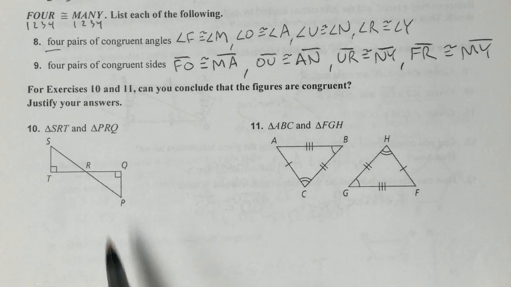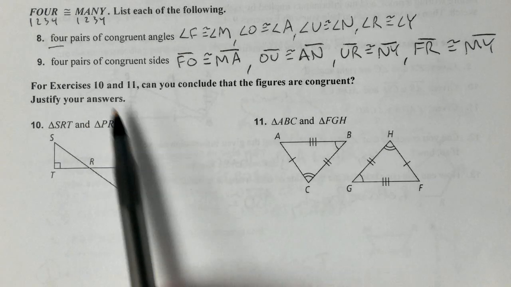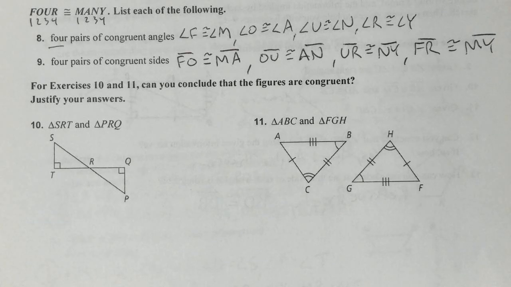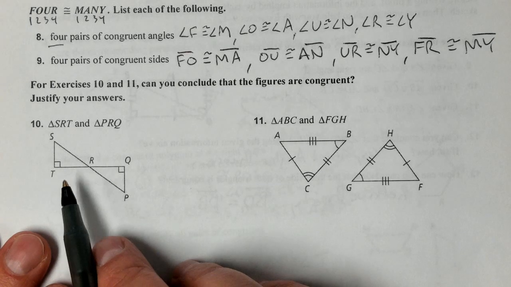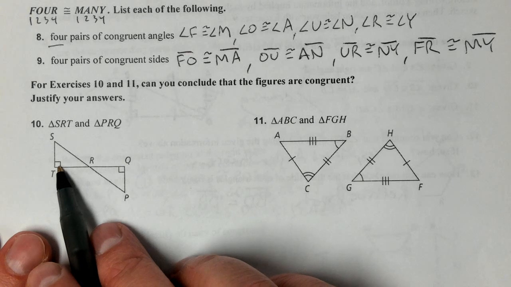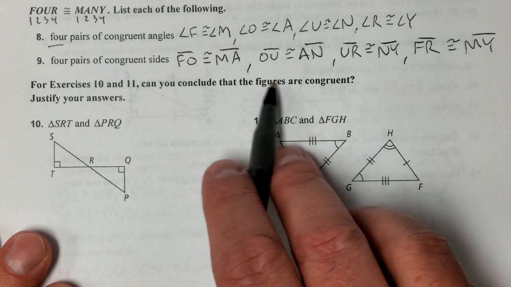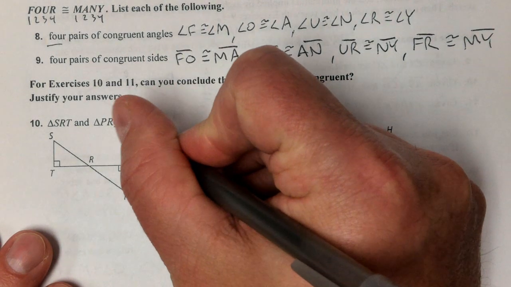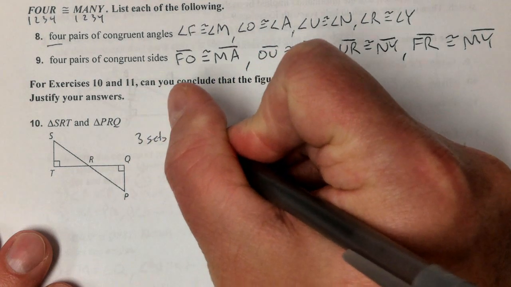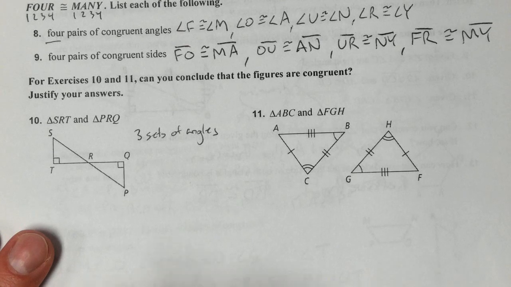Okay, for our next one it says, for exercises 10 and 11, can you conclude they're congruent and justify it? So don't just put yes or no. You need to show some work with it. So for figuring out if something's congruent for this lesson, we have to use our definition. And so it'd have to do with 3 sets of angles, and we'll check that, and then we'll have to do 3 sets of sides.